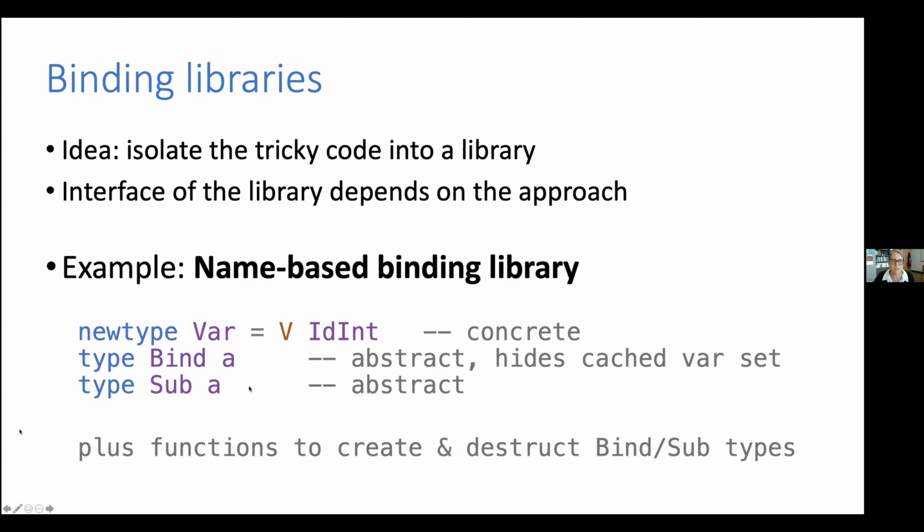Since we're fusing substitutions, we can also have an abstract type for substitutions. For names, internally that's some kind of finite map from names to expressions, but we can expose it just as an abstract type of substitutions.